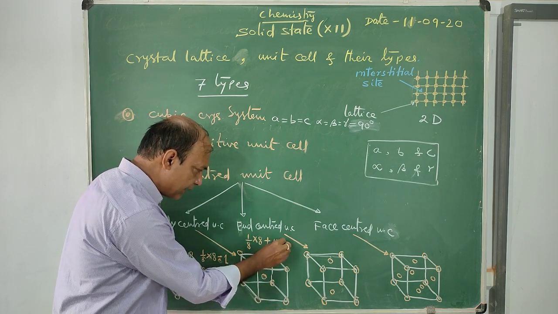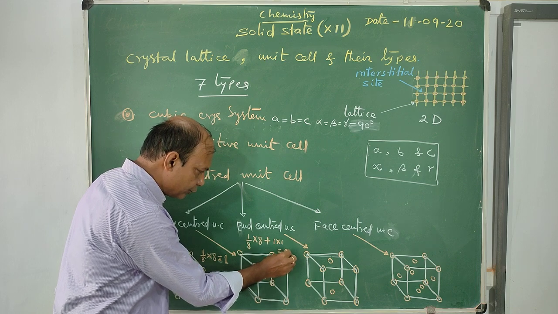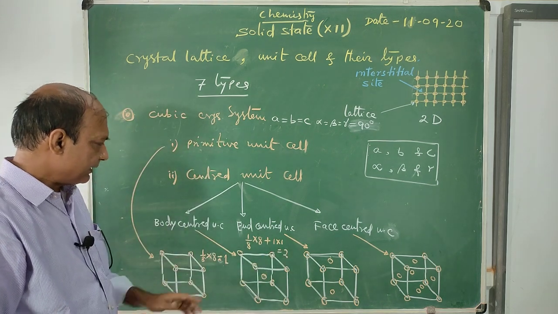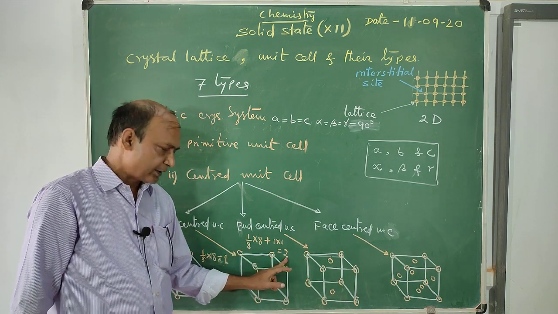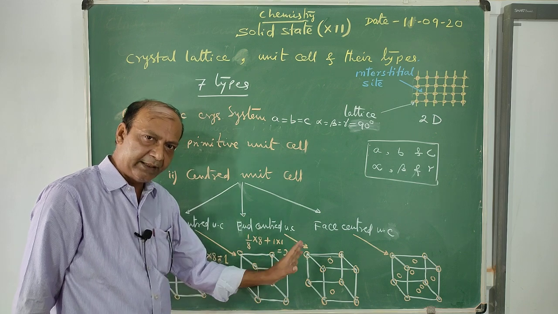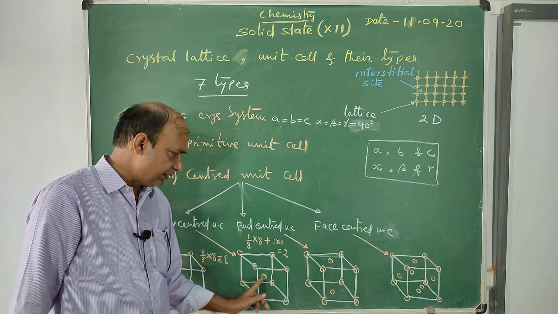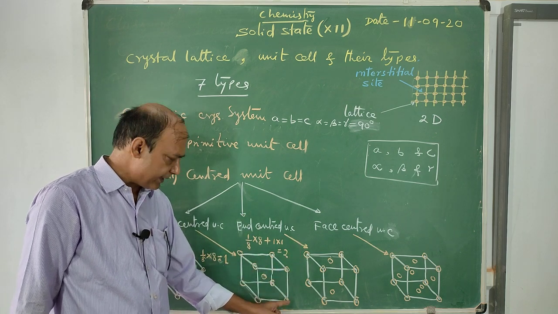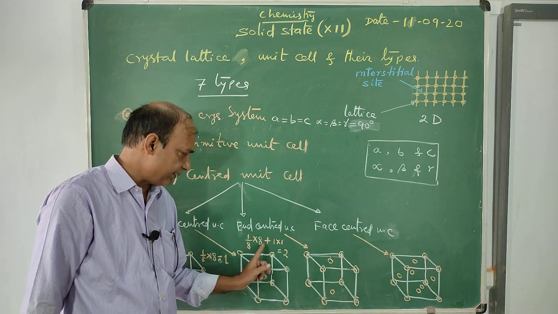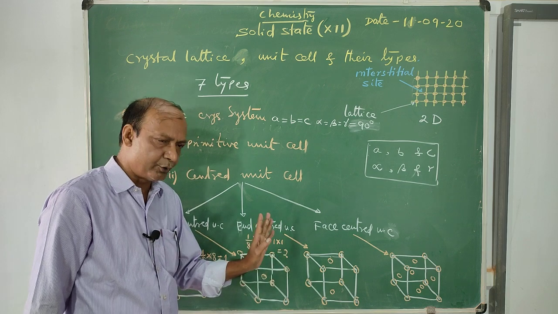So 1 plus 1 is equal to 2 particles. So in case of a body-centered unit cell, there are a total of 2 particles. Remember it. This particle is fully contributed to the unit cell, and the corner particles are 1 by 8 each, 8 times. That is 1 plus 1, equal to 2.